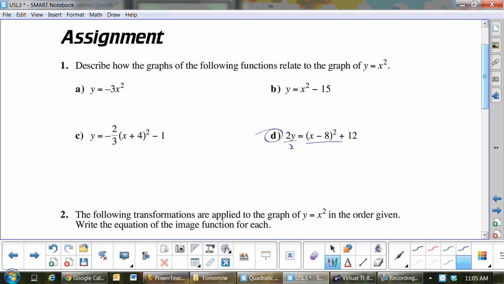Make sure you divide this entire side by 2. This is very, very important, because if you just divide the one term and leave the 12 over there, you're going to get the wrong answer. So this is actually y equals 1/2 x minus 8 plus 6. And then you can bring it over to the other side. So it's important you divide both terms. Whenever you divide, you have to do every term.